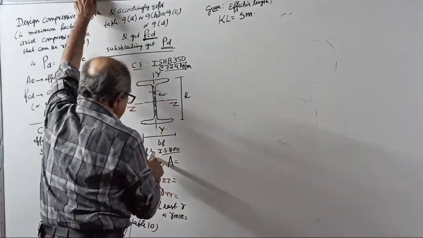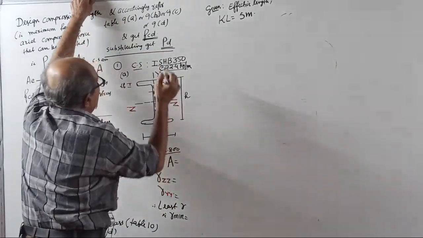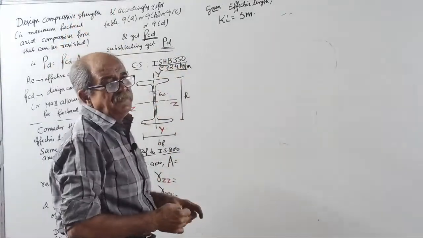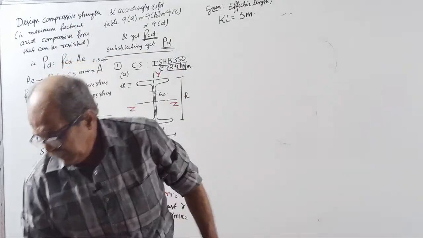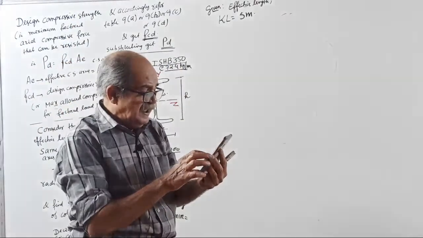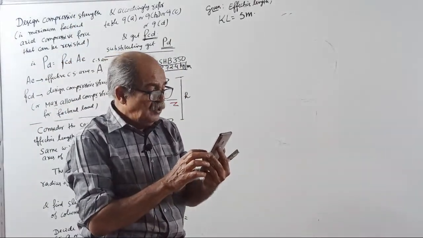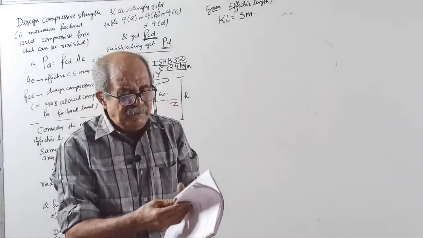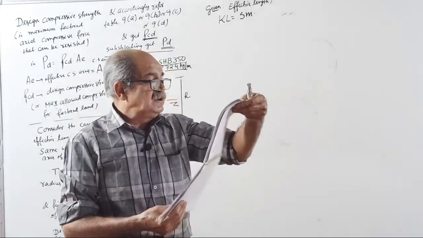First, tell me, refer to IS 800. ISHB 350 at 72.4 kg per meter. What is the area? Tell me. ISHB 350 at 72.4. No, not 67.4, it is 72.4. There are two 350s. You are not seeing.